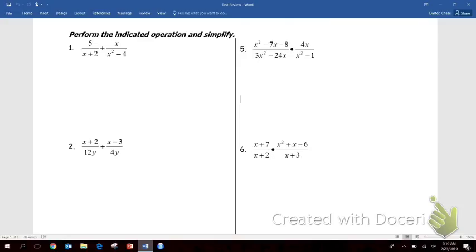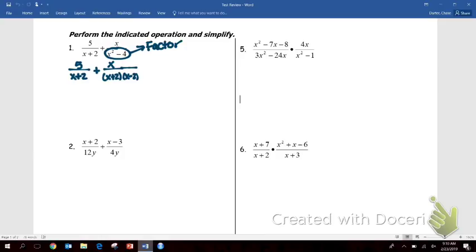So x squared minus 4, this right here, we need to factor. I'm going to skip the factoring work for time purposes. After we factor x squared minus 4, that gives me x plus 2, x minus 2.